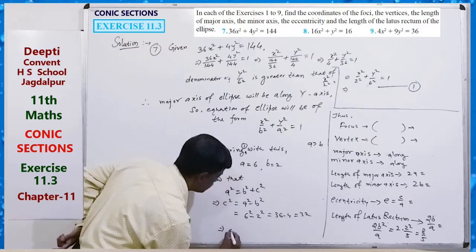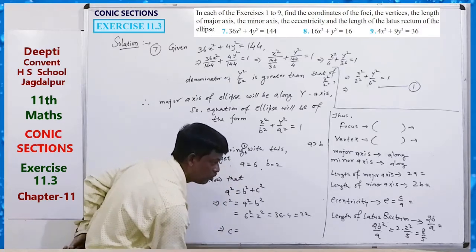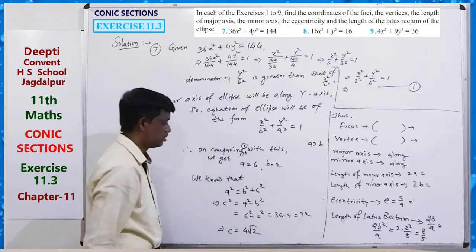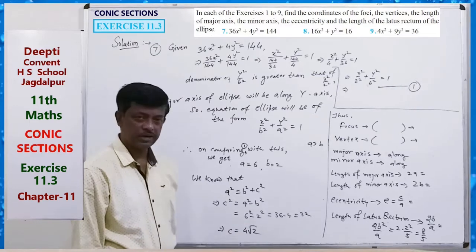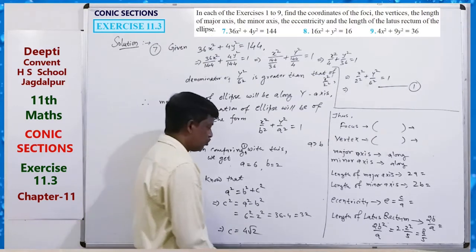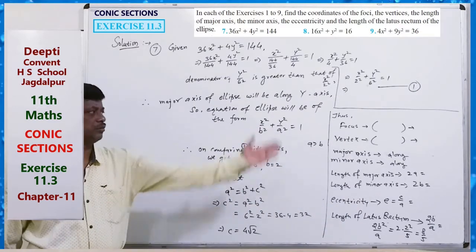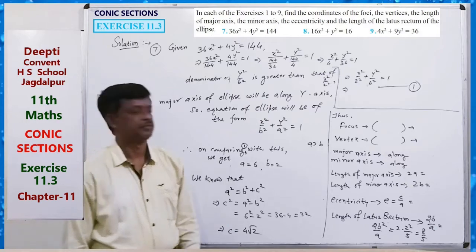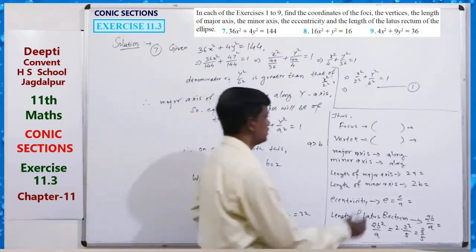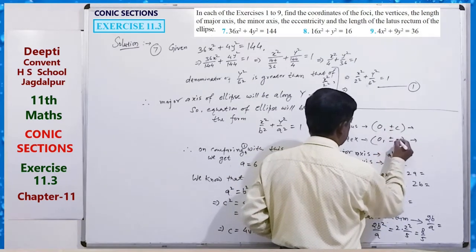So c equals root 32, that is 4 root 2. C equals 4 root 2. So for this standard format, the major axis is along the y-axis, so the foci are 0 plus minus c, and the vertices are 0 plus minus a.